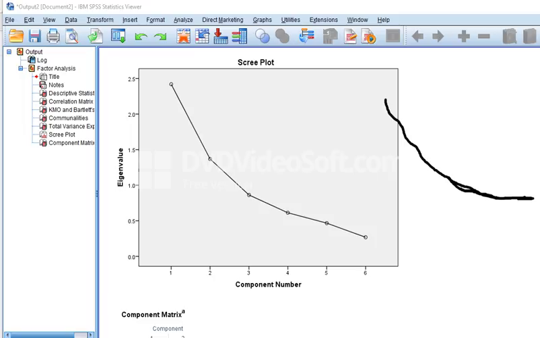Now this looks really nice, but sometimes you can also have Scree plots that look like this. If I was plotting it out, I could have something like that, and then this, and then something like that, and then maybe a trailing off here. So it doesn't always look as pristine as this, but the basic idea is that you're looking for the elbow where things level off. The first component is a given; there's at least one component.